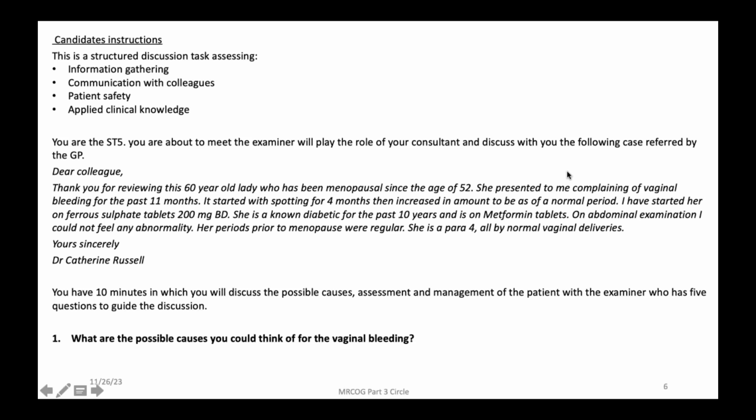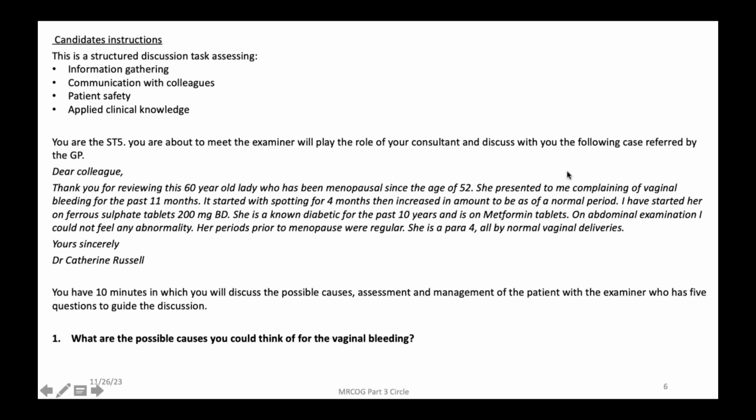Okay, ma'am, I'll try. So I'm supposed to do information gathering, ma'am. No, I just want differential diagnosis. Okay. Ma'am, since it's a 60-year-old with postmenopausal bleeding, first thing we would like to think of is atrophic endometritis.